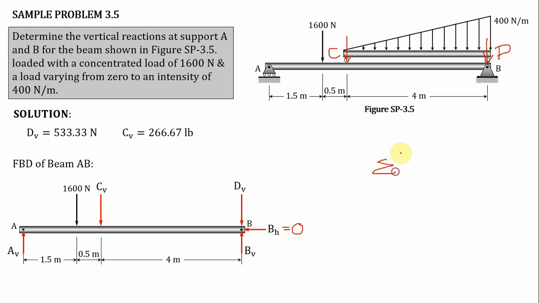Okay? Because summation of Fx is equal to 0, and we know that BH is the only horizontal force. Wala namang horizontal force ng iba dyan class. So therefore is equal to 0 talaga. Okay, gets nyo class? So we can directly solve BH class.